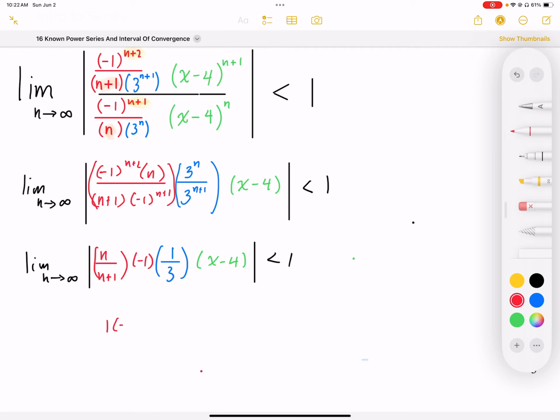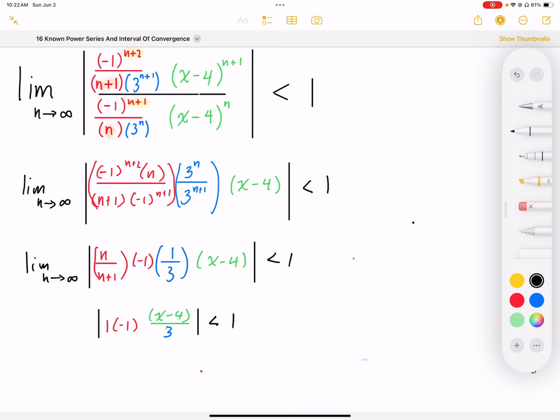I'll keep the negative 1 for now with an absolute value. And this becomes |x minus 4 over 3| that's all less than 1.